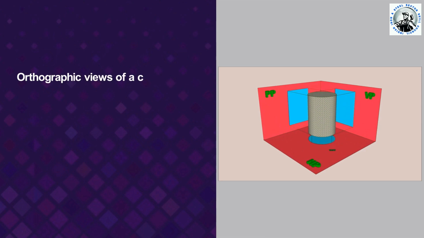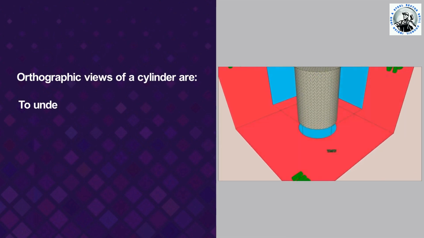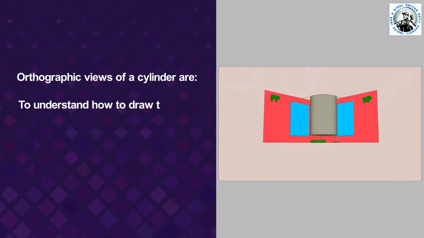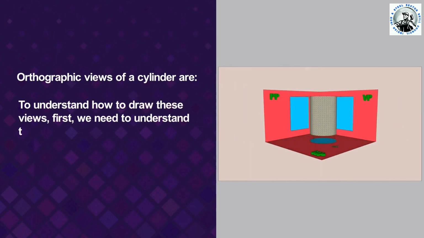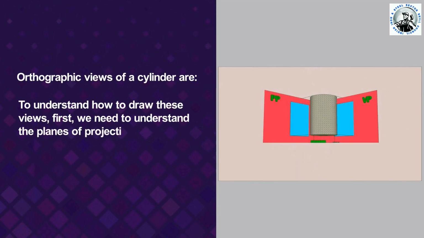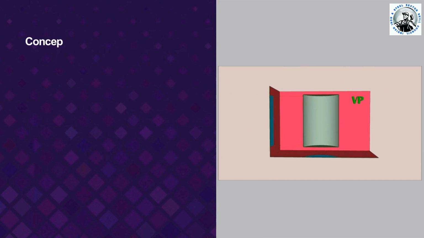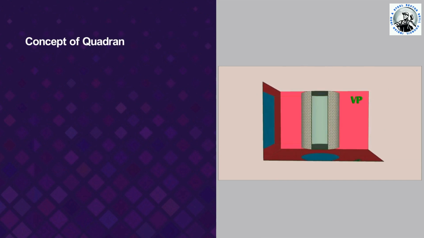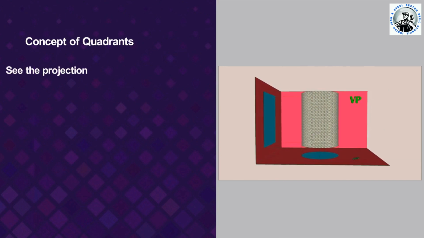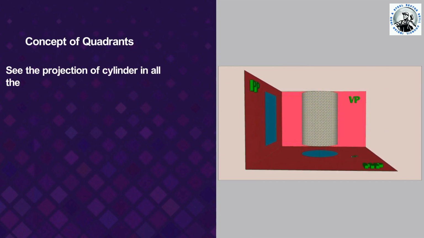Orthographic views of a cylinder are: to understand how to draw these views, first we need to understand the planes of projection and concept of quadrants. Concept of quadrants. See the projection of cylinder in all four quadrants as shown.